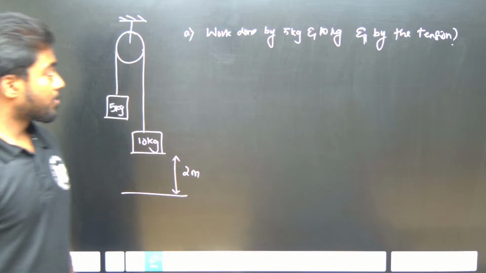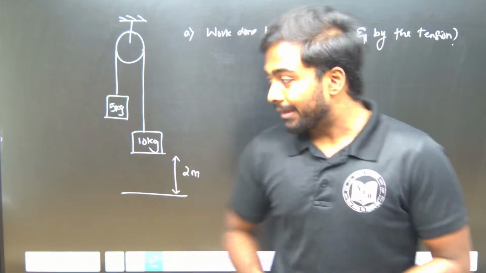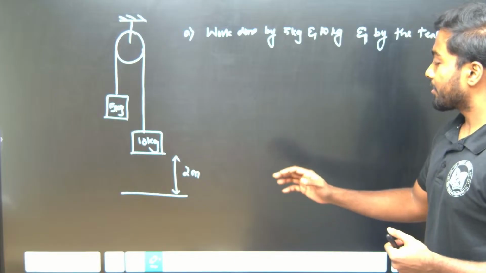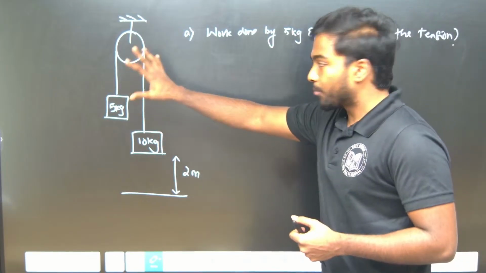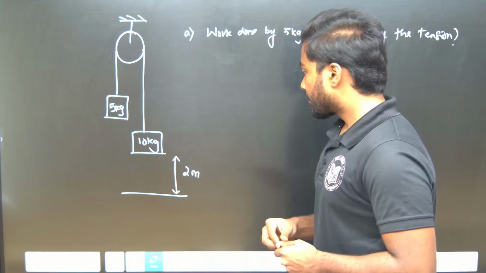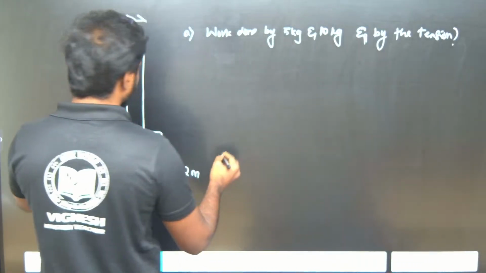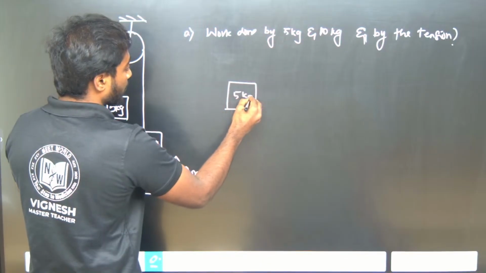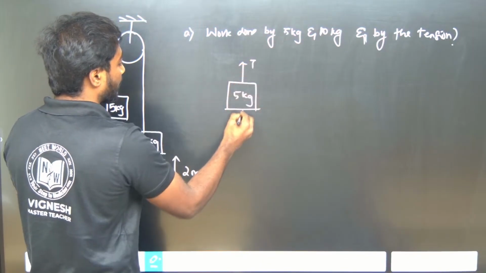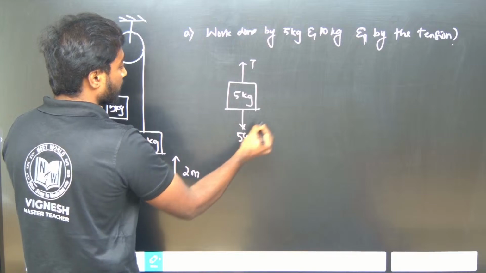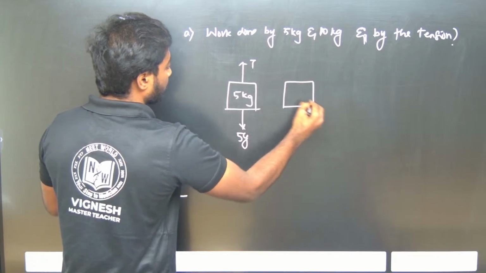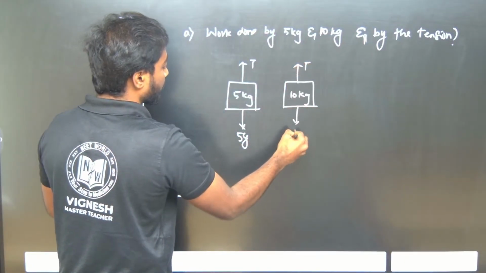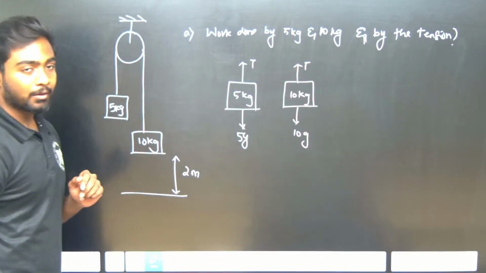Okay, so whenever you are dealing with such type of question, what you should understand is first need to find what is the tension, like free body diagram we need to get it. So what will be the free body diagram of this 5 kg block? 5 kg block tension will be upward T and this is 5g, and 10 kg block tension will be upward T and down it is 10g, right?